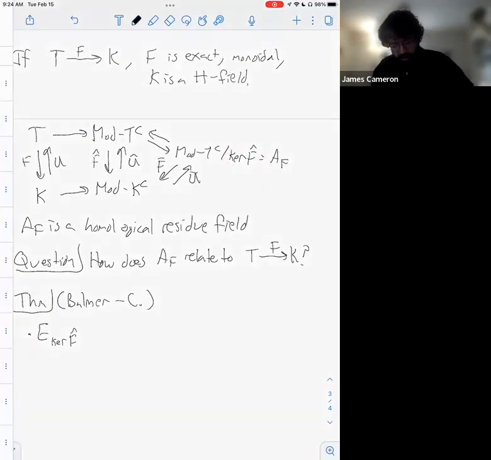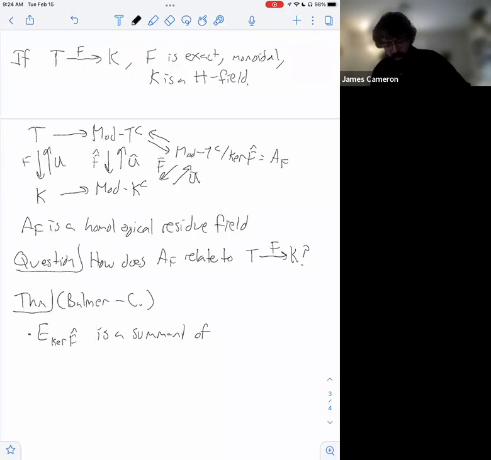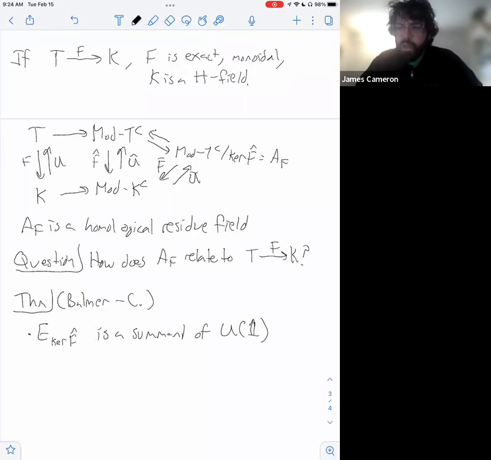So this is a summand of this right adjoint U applied to the tensor unit of K. Okay, so this tells us that we have some control over what object this is.